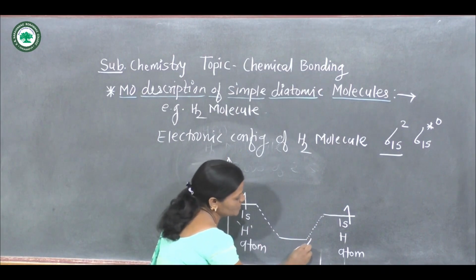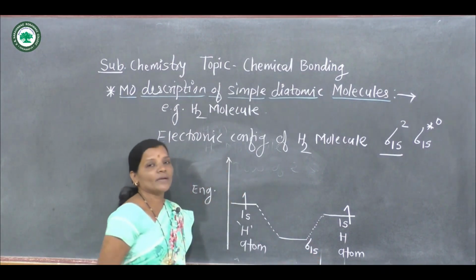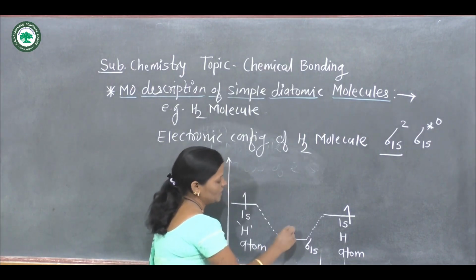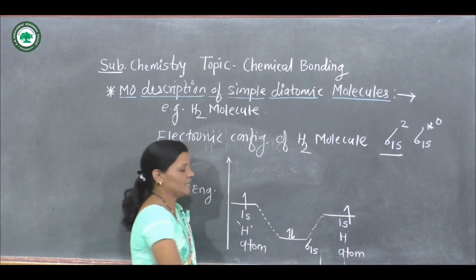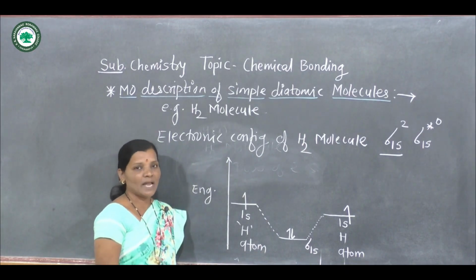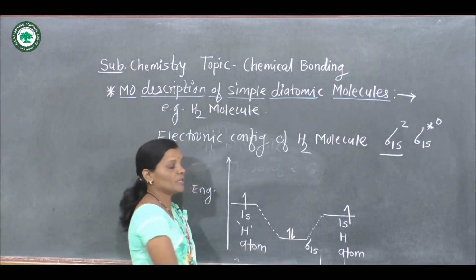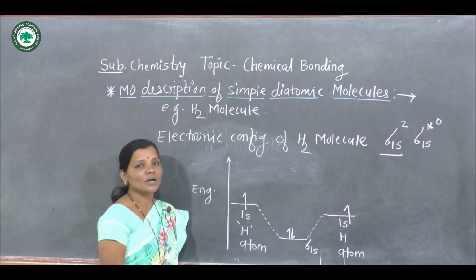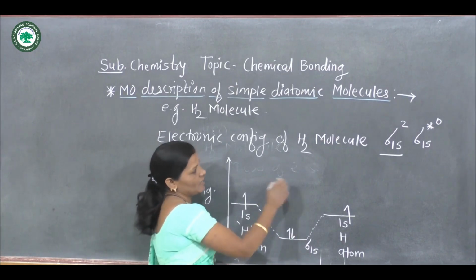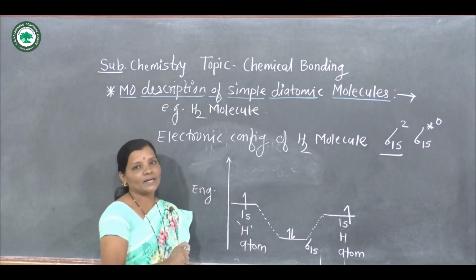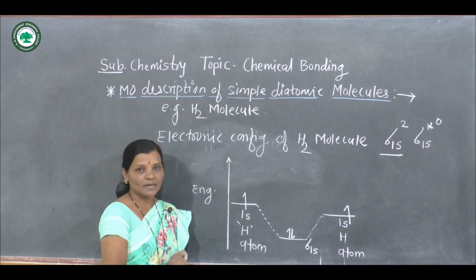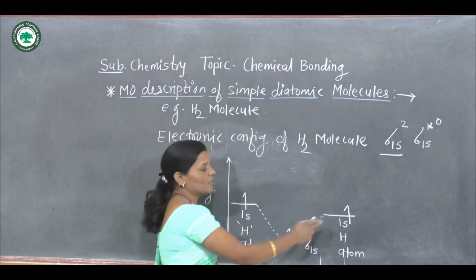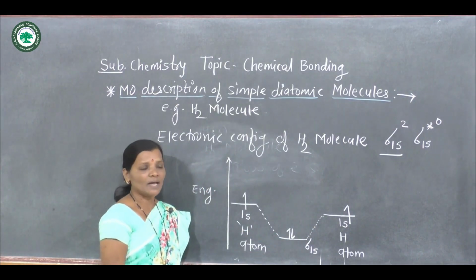Now this one is the sigma 1s molecular orbital of the H2 molecule, and both electrons are present in this sigma 1s orbital, and the spin of both the electrons is shown oppositely in this molecular orbital diagram. And the other molecular orbital, that is the anti-bonding molecular orbital, is having higher energy than the corresponding atomic orbitals of those particular atoms.